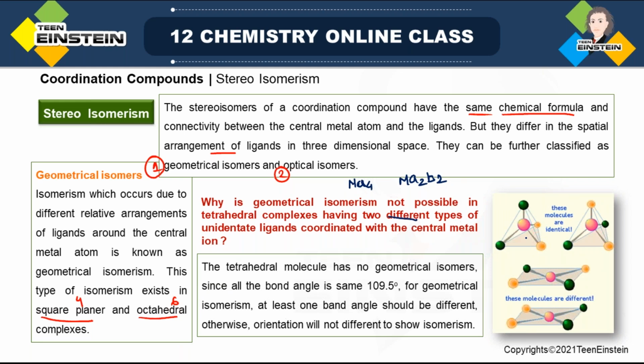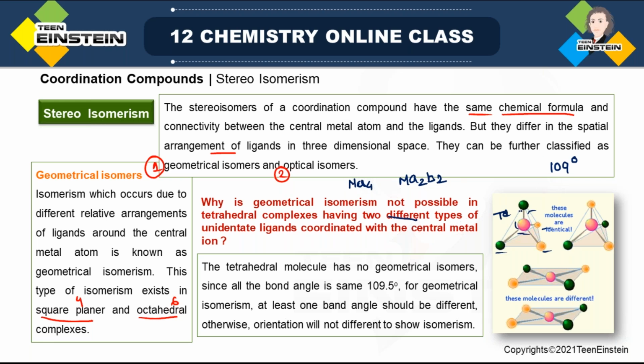This is the tetrahedral arrangement, and here the angles are 109 degrees. Here we have 2 green colored spheres and 2 orange colored spheres, and the pink one is actually the metal. Now in tetrahedral geometry, the standard angle is 109 degrees. That means only one type of angle is present.